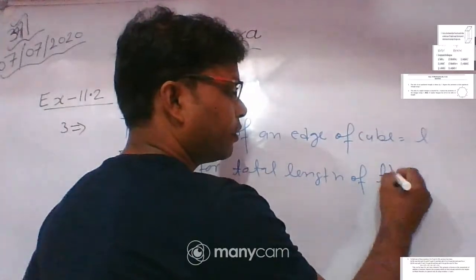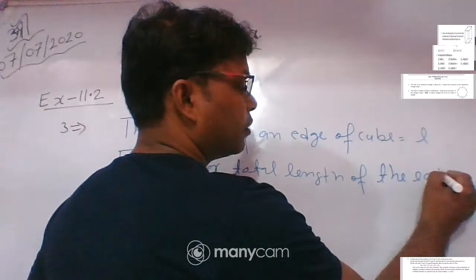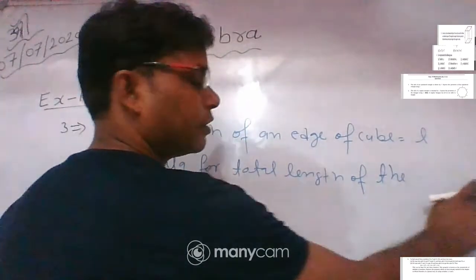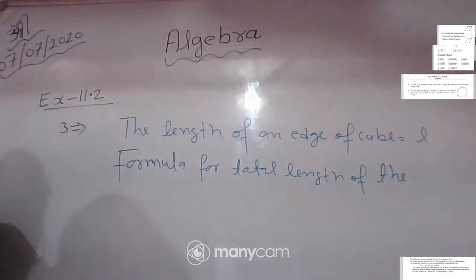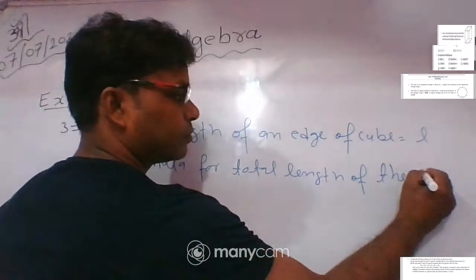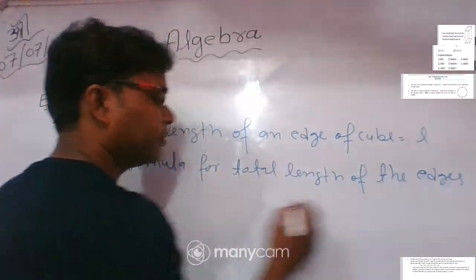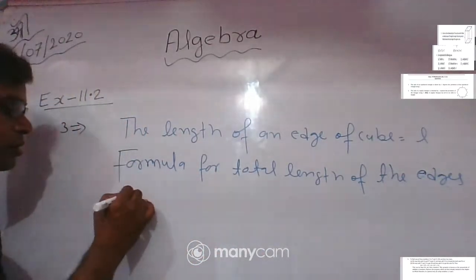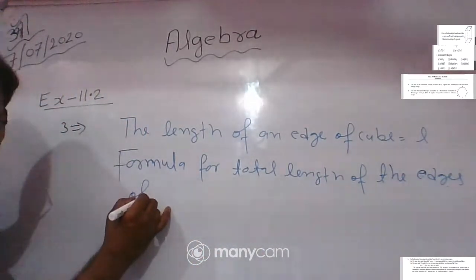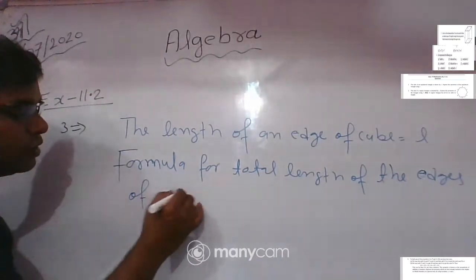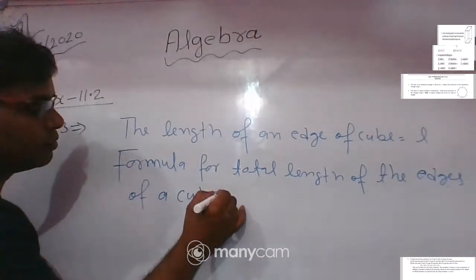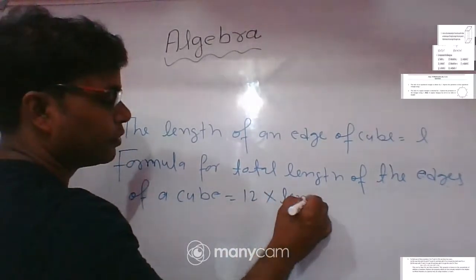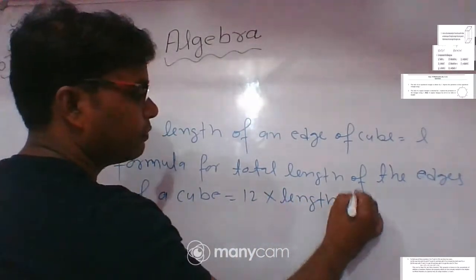The total length of the edges of a cube is equal to 12 into the length of side.